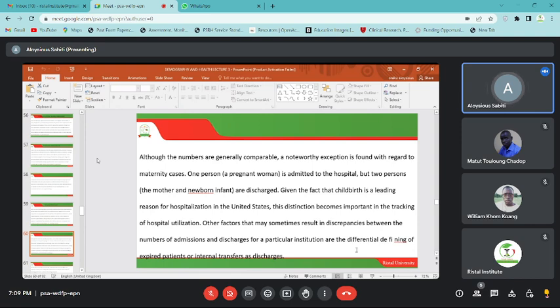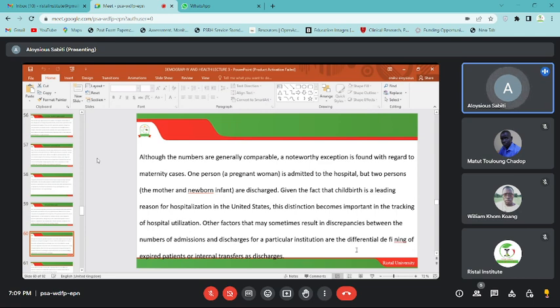This is what we call the inpatient data. When someone is hospitalized, you're able to understand conditions under which an individual is hospitalized.